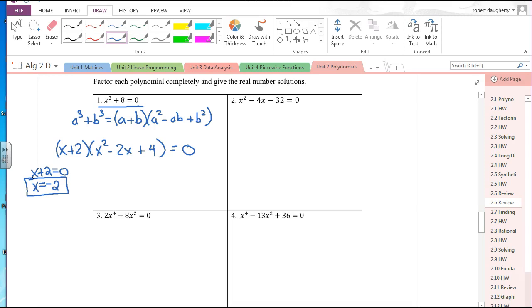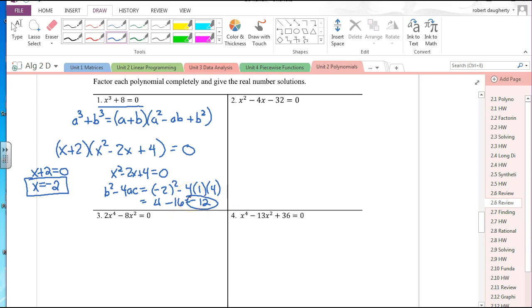And then if I look at x squared minus 2x plus 4 is equal to 0, but if I look at the discriminant, b squared minus 4ac, that's going to be negative 2 squared minus 4 times 1 times 4. That is 4 minus 16 equals negative 12.